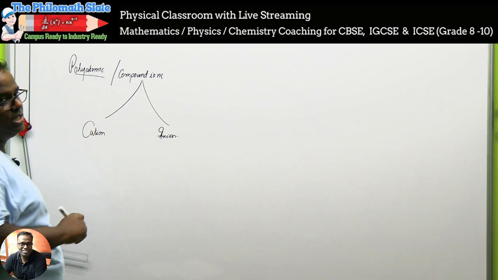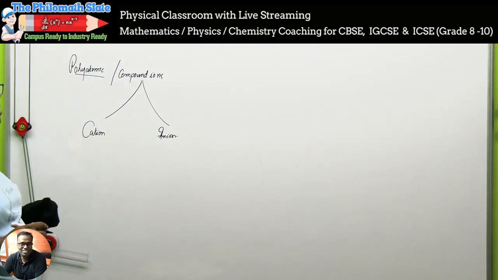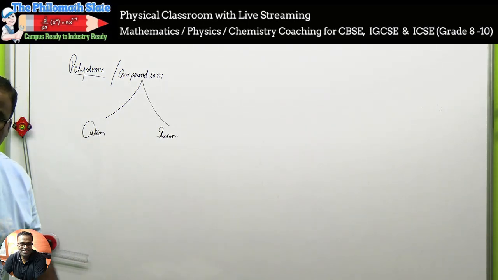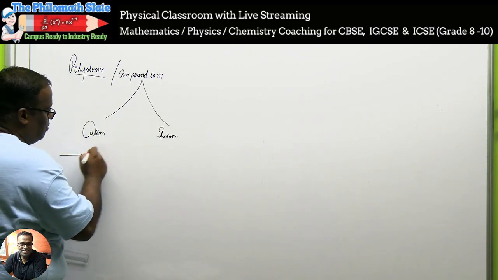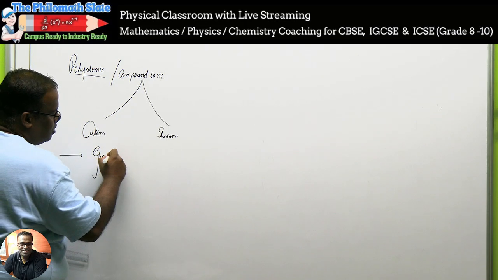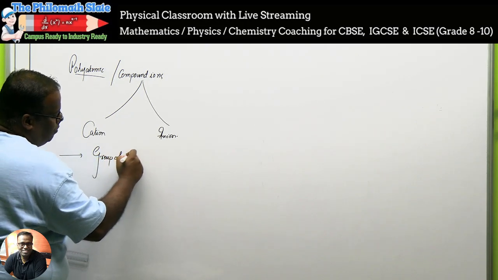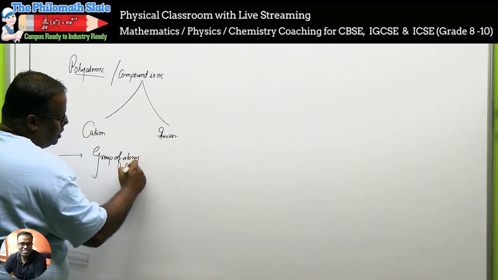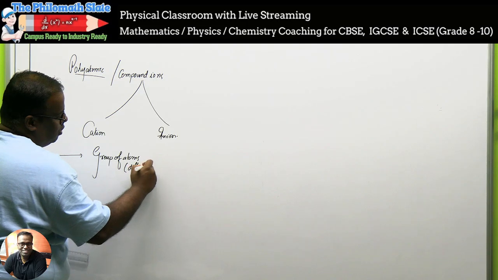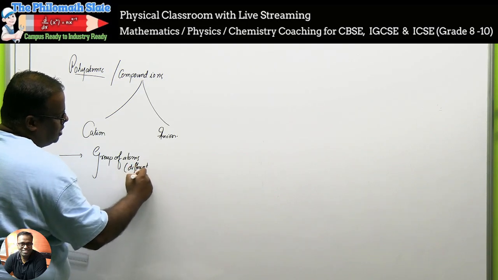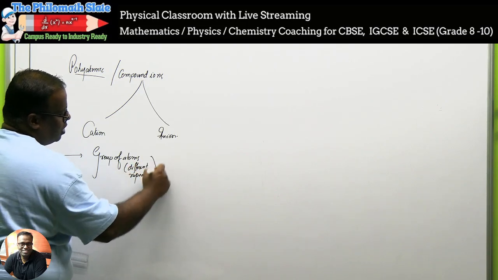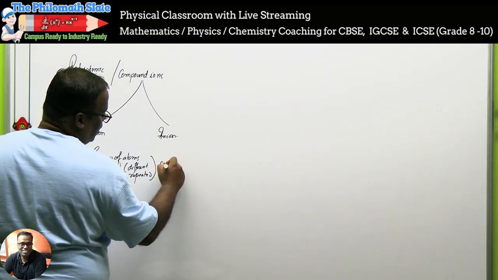But the only difference is, in the case of a simple ion you only had one atom becoming an ion. Here we will have a group of atoms, obviously different, and can be repeated also, which are covalently bonded.